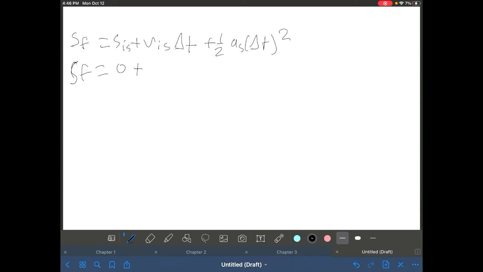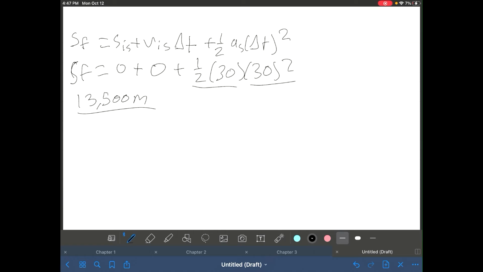That is 0, and our initial velocity is 0, so that equals 0 plus 1/2 times 30 times 30 squared, which gives us, this part is 900 and this is 15, which comes out to 13,500 meters. So that is our answer for position when the rocket runs out of fuel.